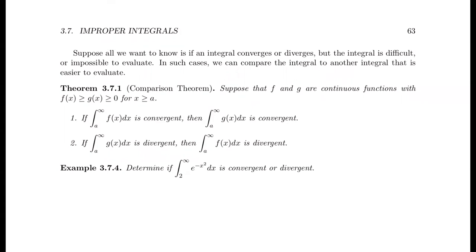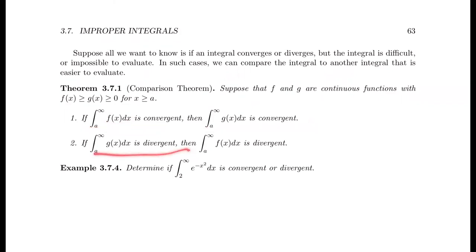So it says that if f and g are continuous functions with f greater than g greater than 0, and if we consider x greater than a, then if the integral of f of x is convergent, then this is also convergent.